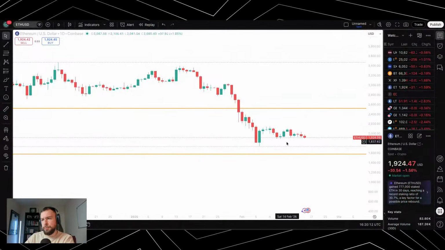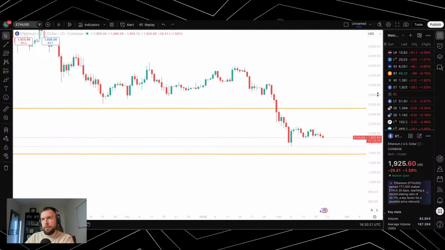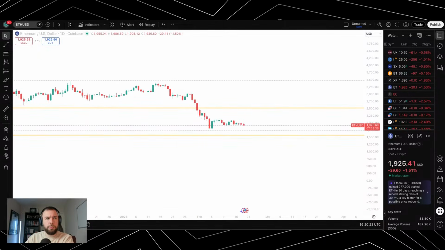So this here is a particular width. And this is how it works with the pools.